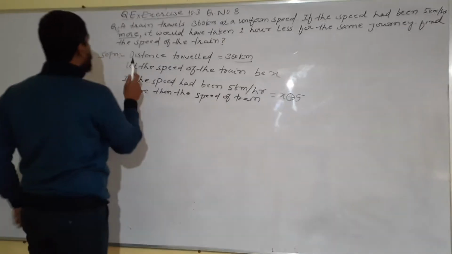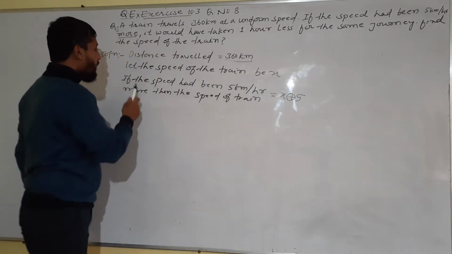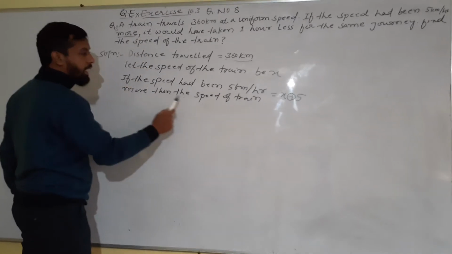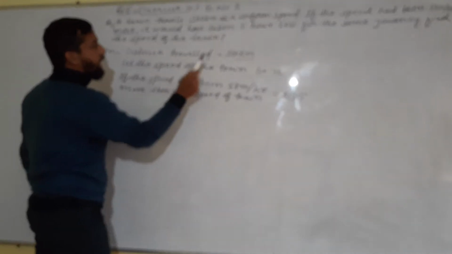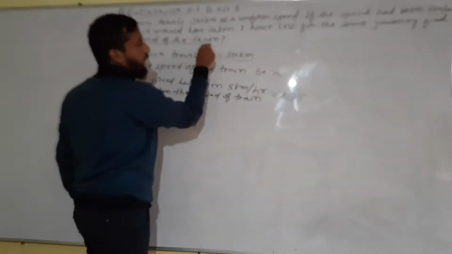If speed is 5 km more, that time speed will be x plus 5. The speed had been 5 km per hour more than the speed of the train. We have taken speed of the train as x. We have to find this value, speed of the train.